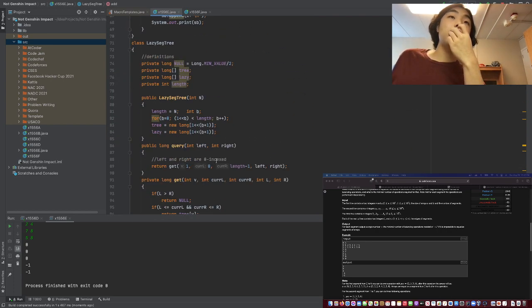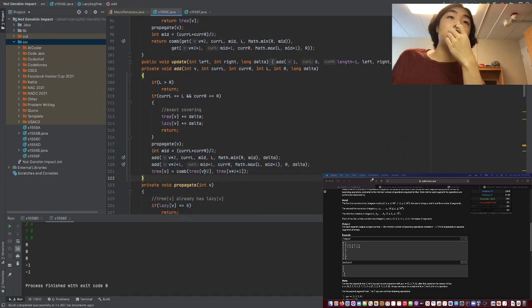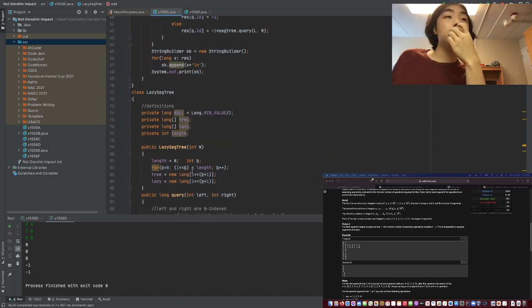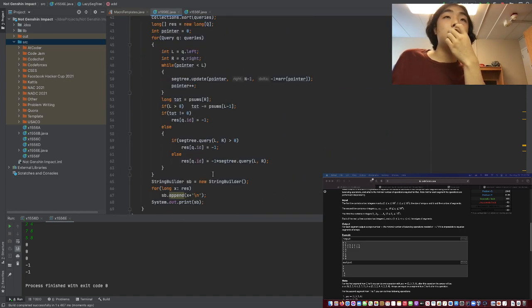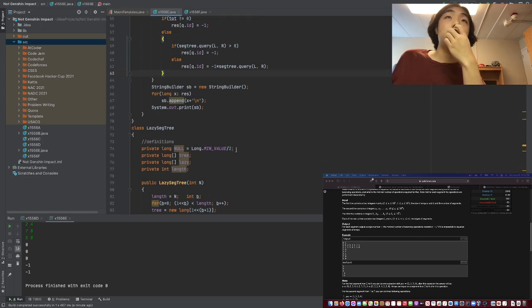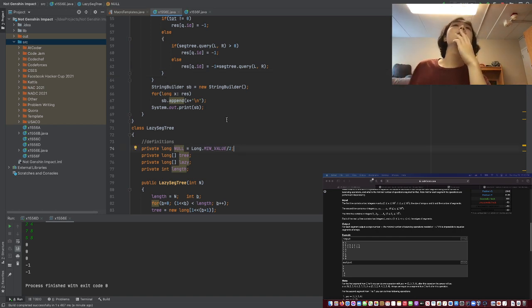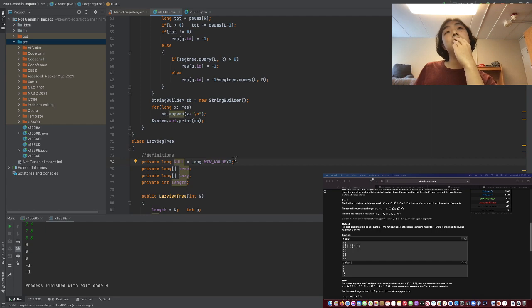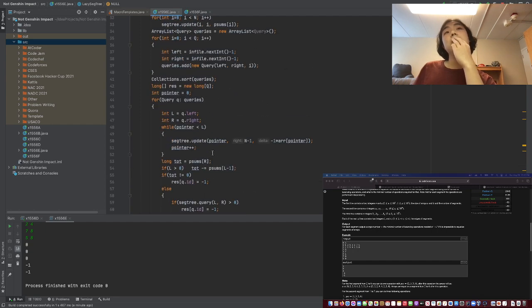Oh wait, so turning the max. Did I screw up? Oh wait, because I did. Yeah, if the max is greater than this. Yeah, but I want the min. I want a minimum value. Oh, okay.